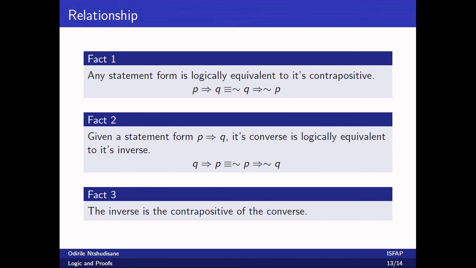In fact, the original statement is logically equivalent to its contrapositive, whilst the inverse is logically equivalent to the converse. This explains why both our contrapositive and original statement had truth value true, and our inverse and converse both had truth value false in our previous example.